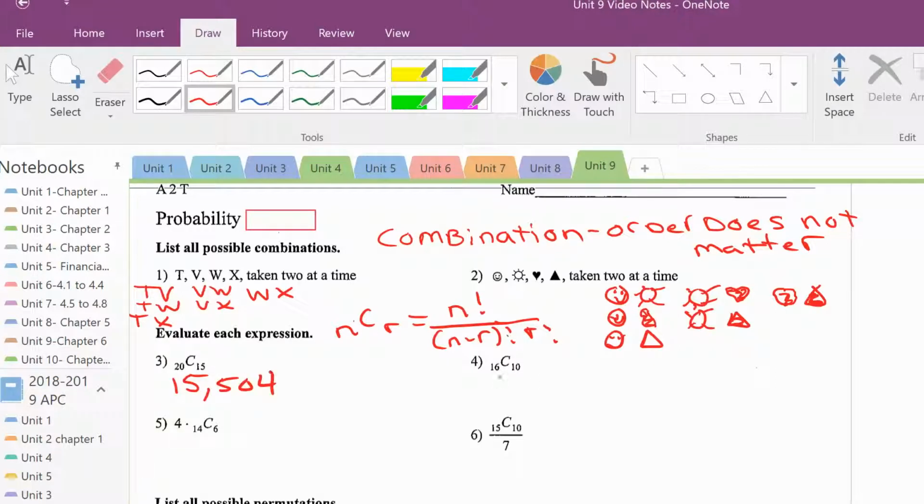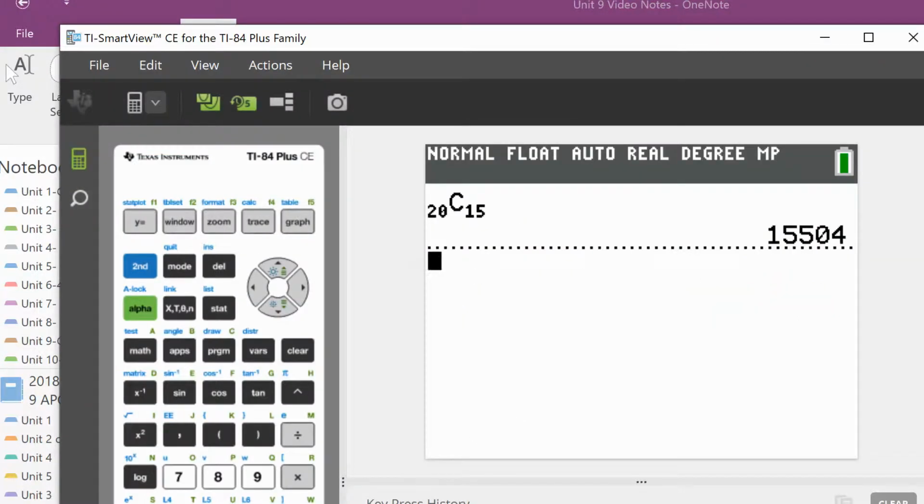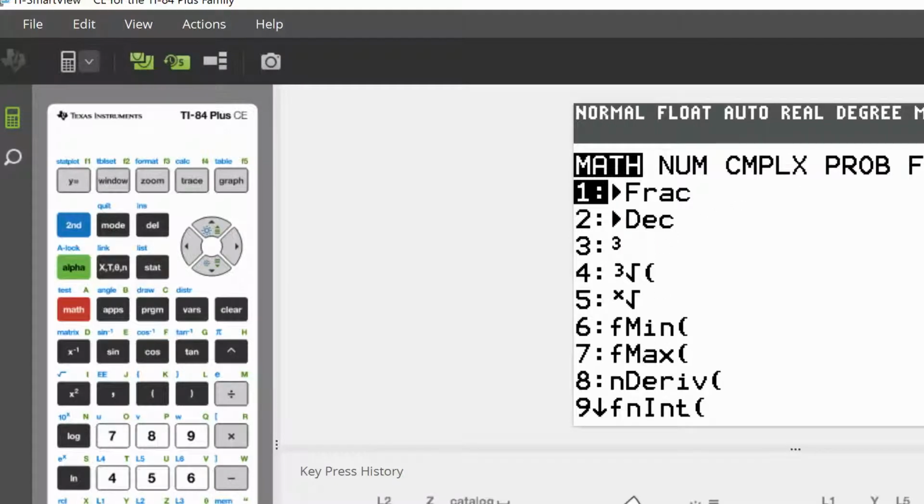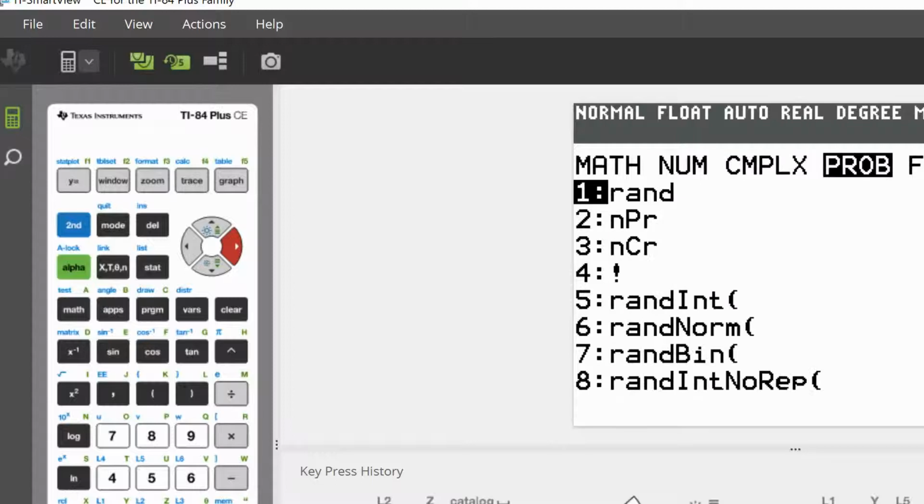So let me do one more and then we'll skip some. So like 16C10. When you type that in on your calculator, you're going to go 16, math, and then probability, number 3.